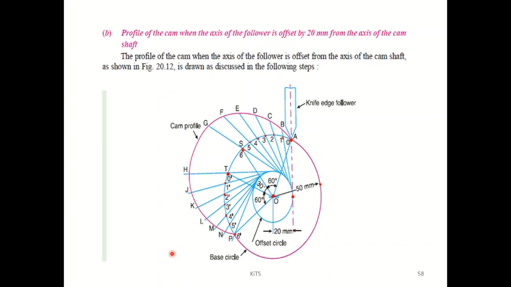See here, you can see it clearly. One end is touching this point, another end is touching the surface like this. Similarly here also, one end is on this point, another end is touching the circle.